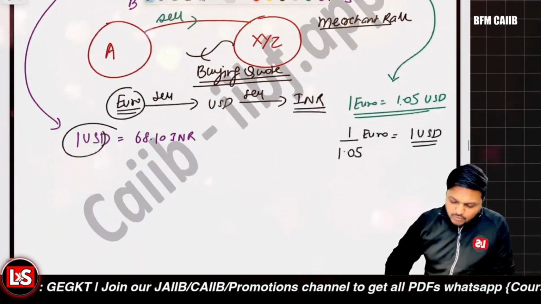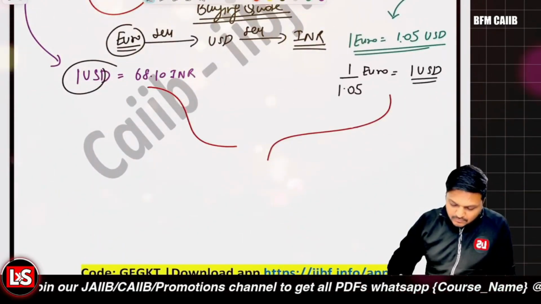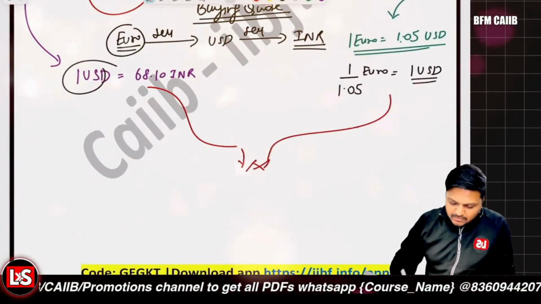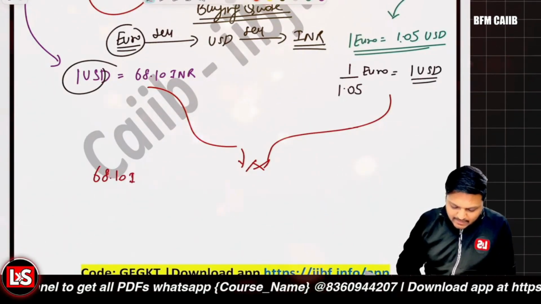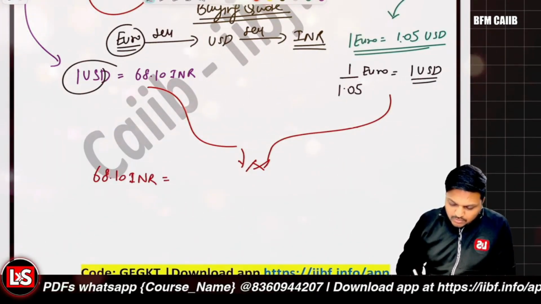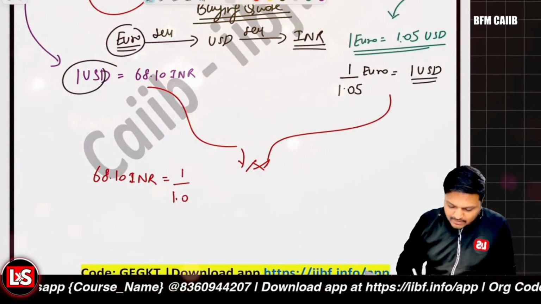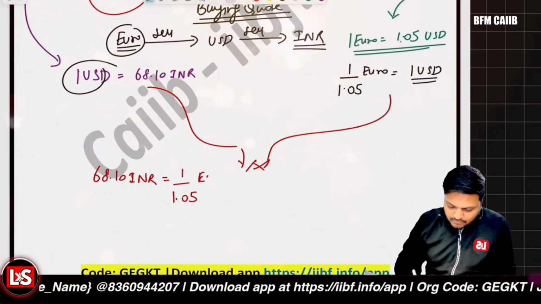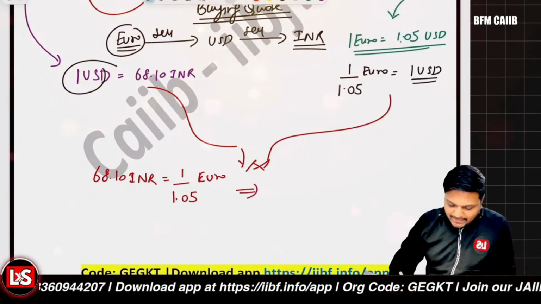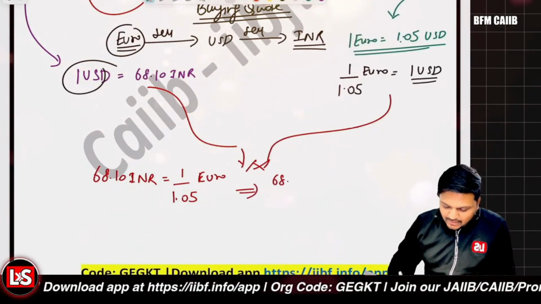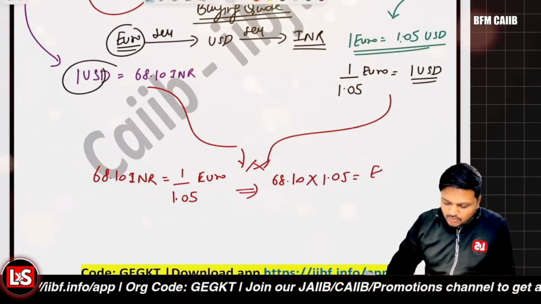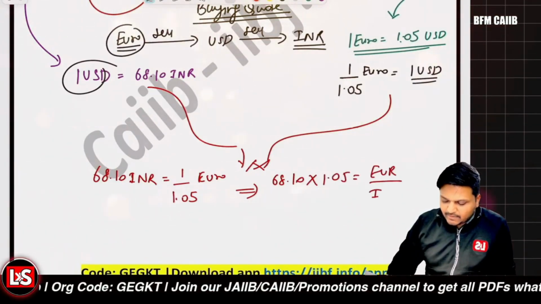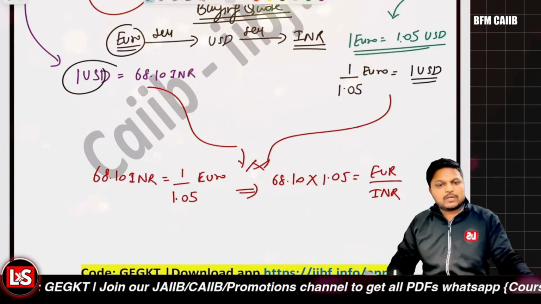So from these two, we can say that 68.10 INR is equal to 1 divided by 1.05 euro. And it implies that 68.10 multiplied by 1.05 is equal to the euro to INR rate. And this was the rate that you wanted to calculate.